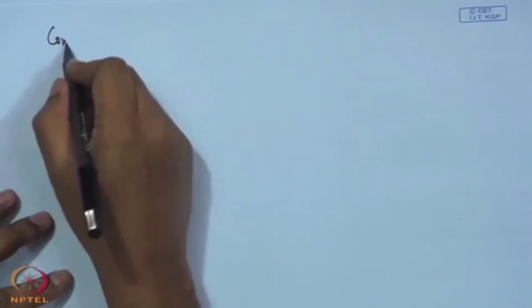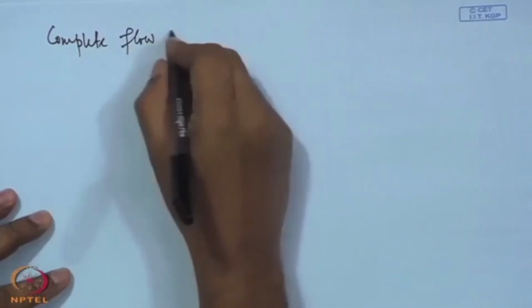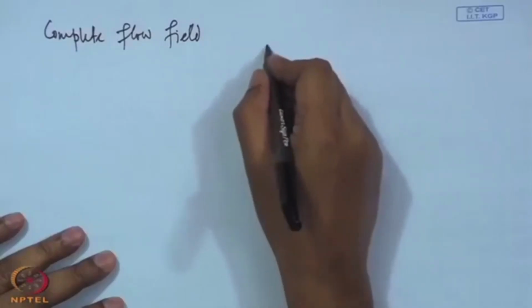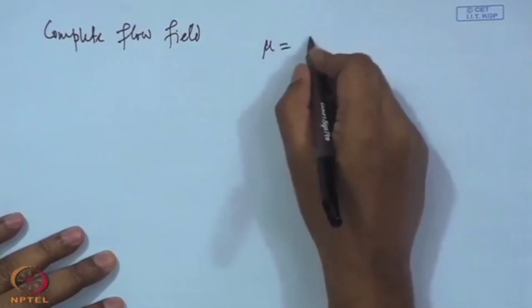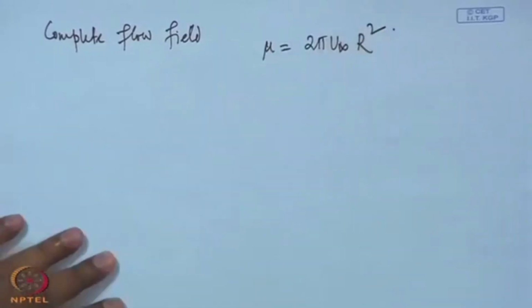What should be phi, and starting from, see, we have a cylinder, we do not have any doublet. So, we should not use mu, but what is mu? Mu equal to 2 pi u infinity r square.